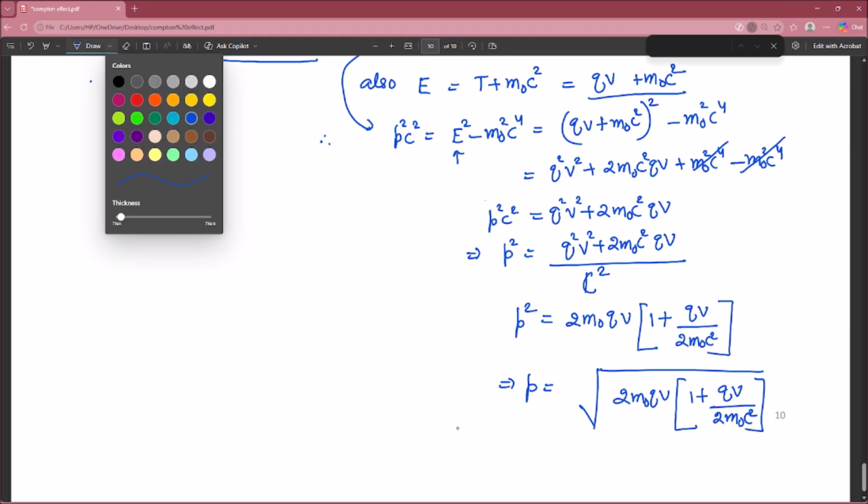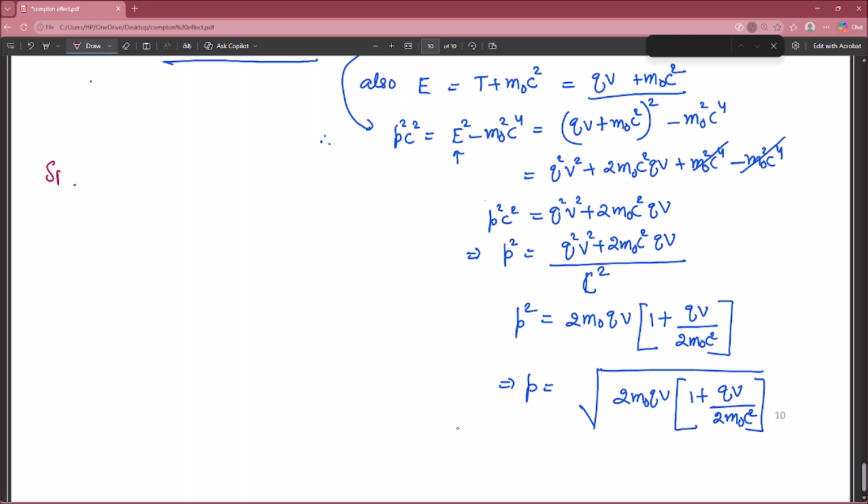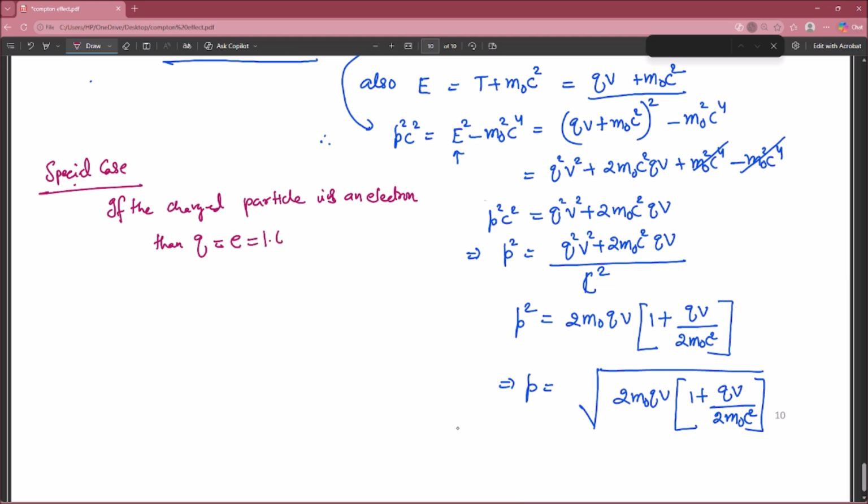Now we will use the special case. If the charged particle is an electron, then the charge q is equal to the electronic charge, that is 1.6 into 10 to the power minus 19 coulomb, and the rest mass of the electron is 9.1 into 10 to the power minus 31 kg.